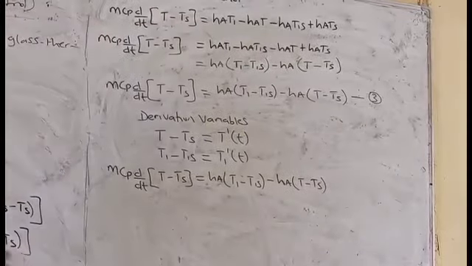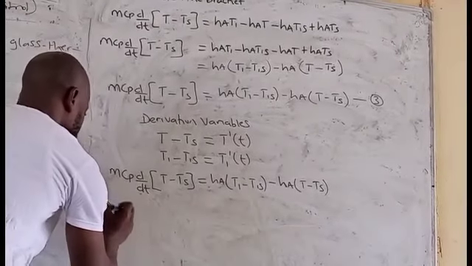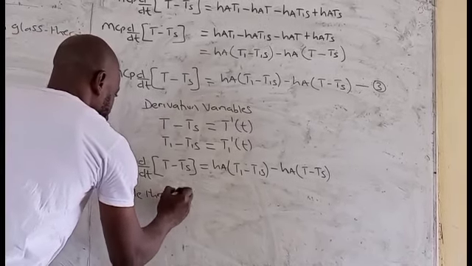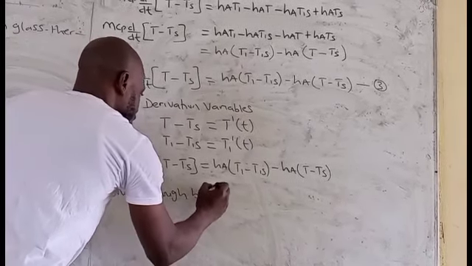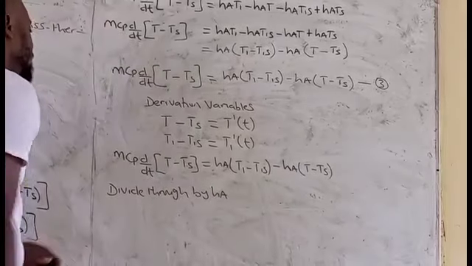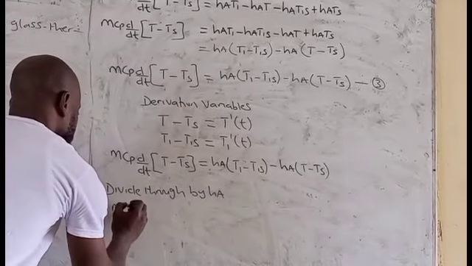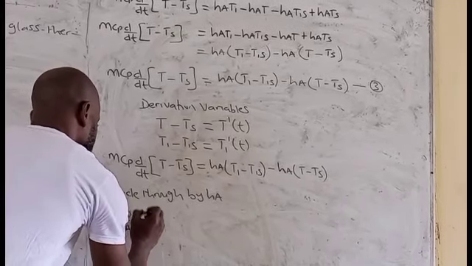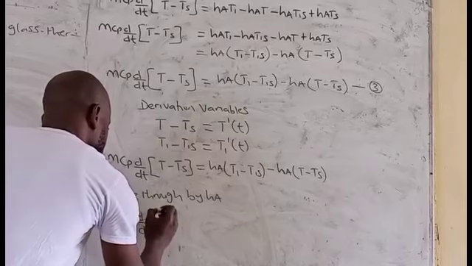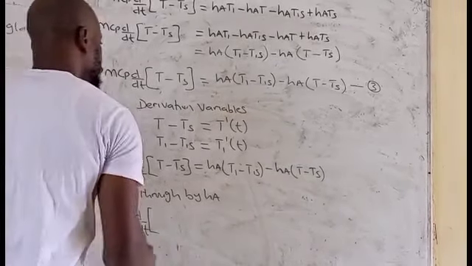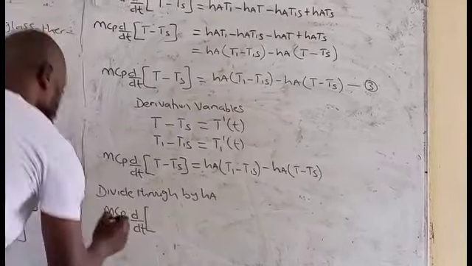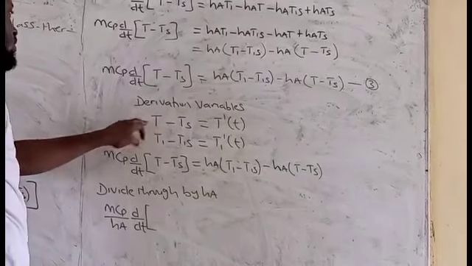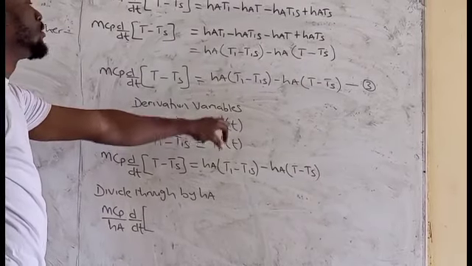So from here now, I say divide through by what? Ha. If I divide through by Ha, I'm going to have MCp over Ha multiplied by d over dt, into now I'm going to include these deviation variables. I have my T minus Ts is equal to T prime of t.